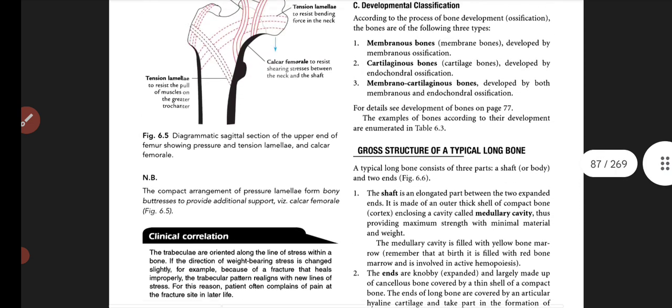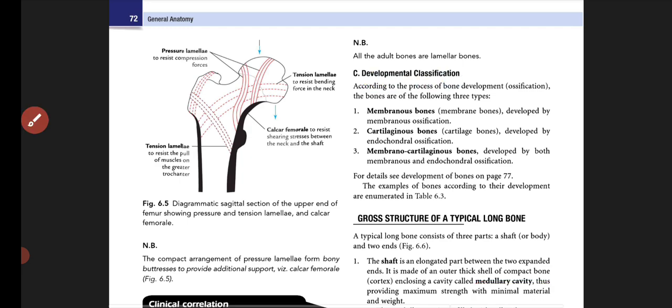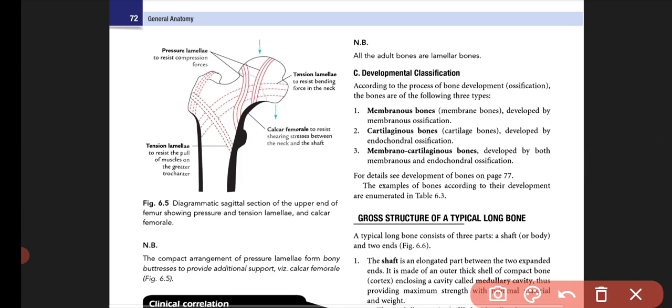Next and last is the developmental classification. Developmental classification of bones: bone development is also called ossification. According to the process of bone development, ossification, the bones are of the following three types.